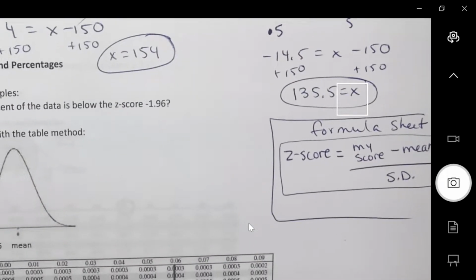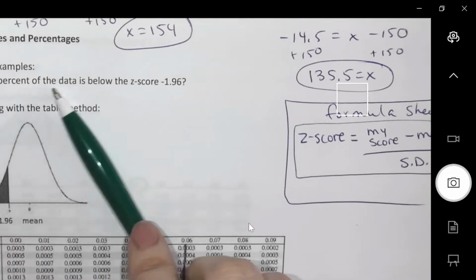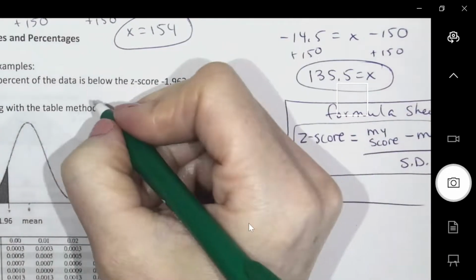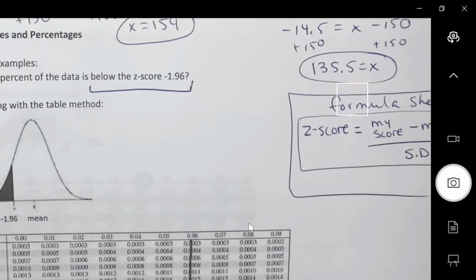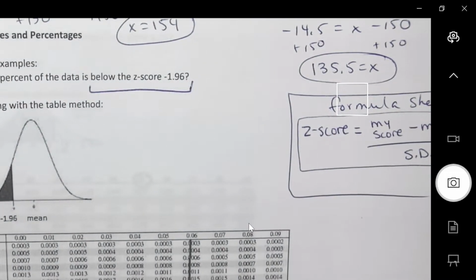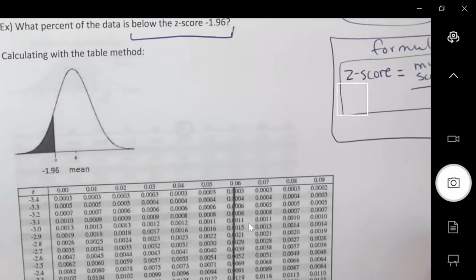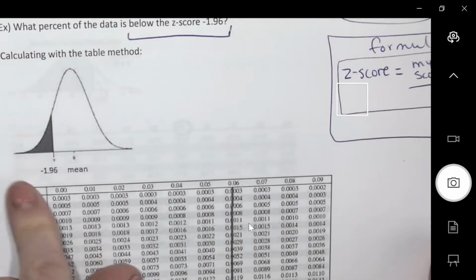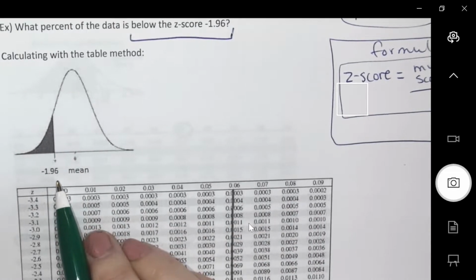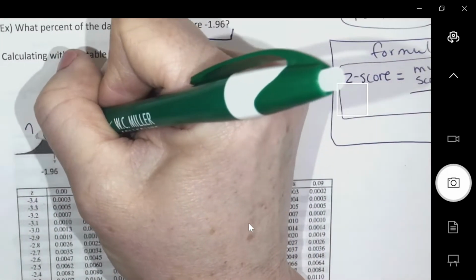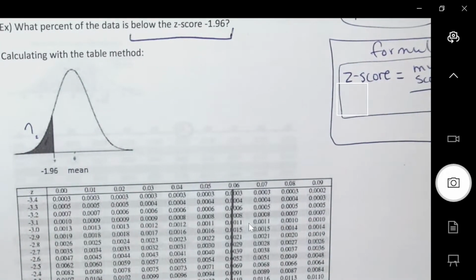Okay, what percent of the data is below a z-score of negative 1.96? So I have it drawn here for you. So this is what I'd be talking about. Negative 1.96 is here. I want to know what percent is below that.